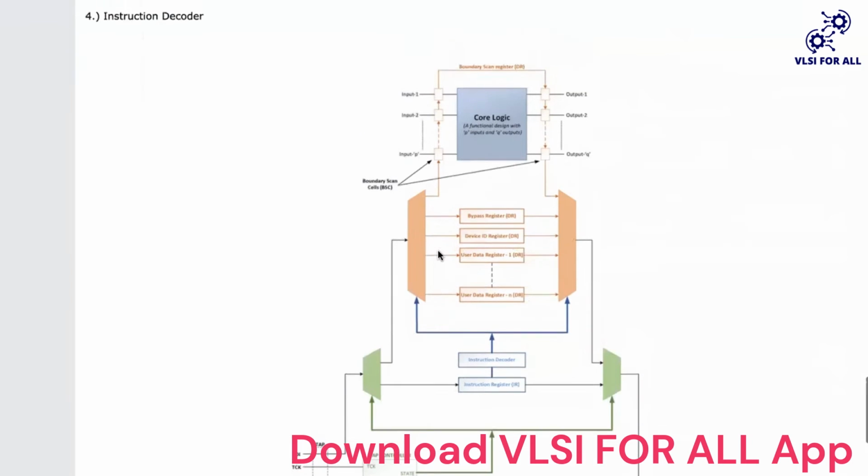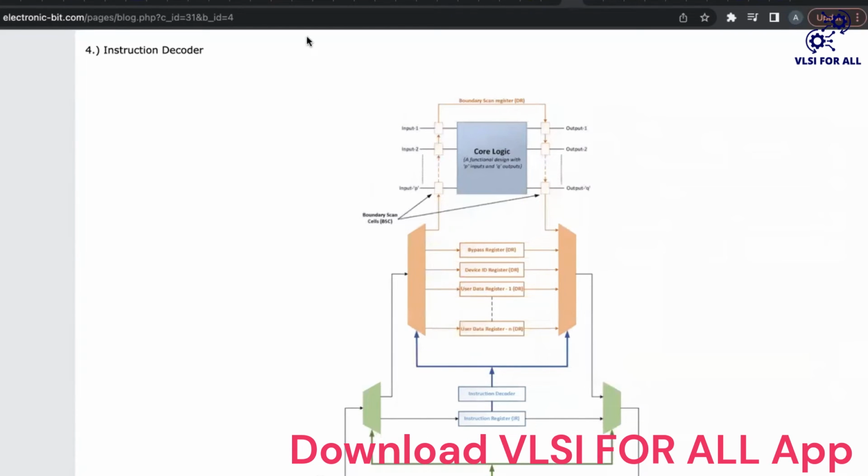Is it clear to everyone? What is IR? What is DR? Any doubts in this one? Is my voice breaking now as well, or is it audible to everyone properly?